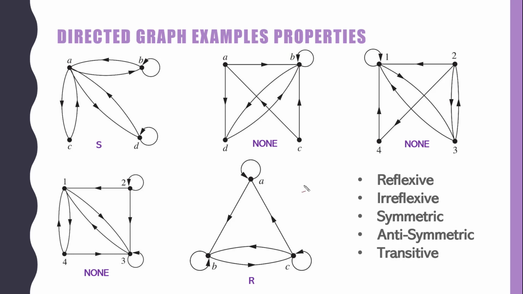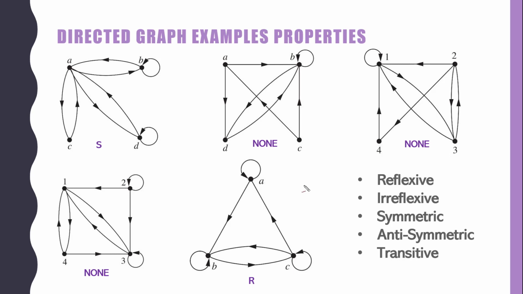Like the top left corner one, that's very clearly a symmetric one. For anti-symmetric, every single vertex that has a path to another vertex cannot have a path going the other way. In other words, we're looking just for straight lines, so one direction. For every single path, it's only one direction. With symmetric, all paths are two directions. With anti-symmetric, all paths are single direction.